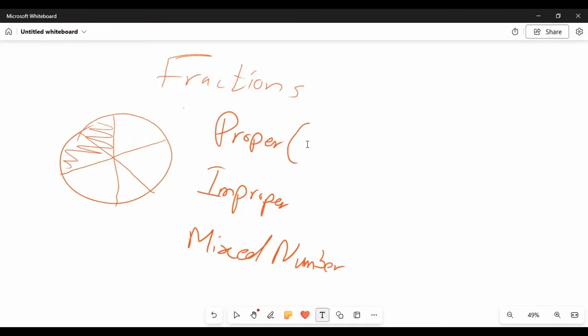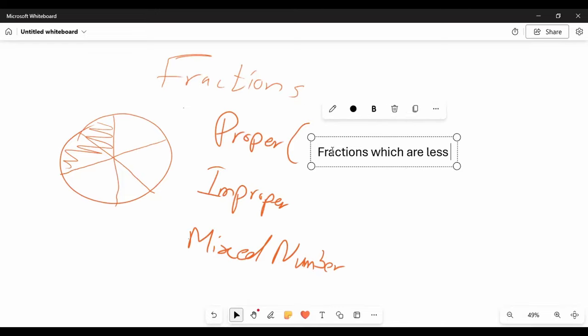At the beginning itself I'm saying, whatever you are learning, try to learn with reasons. Don't just accept anything. You have to understand the reason behind it. When it comes to maths, everything matters if you know the reasons properly. So a proper fraction is simply a fraction which is less than one whole.